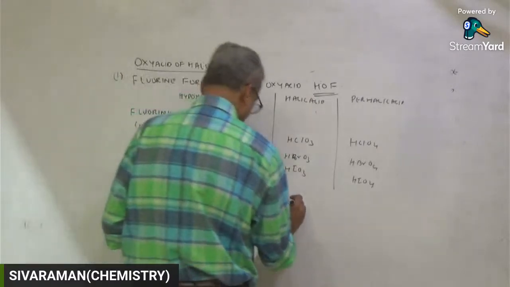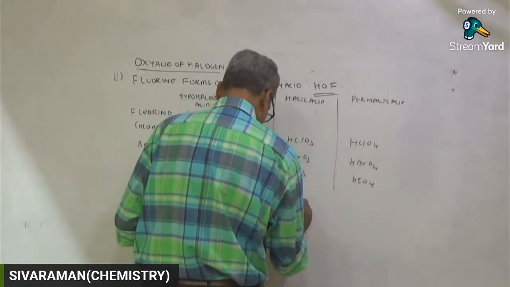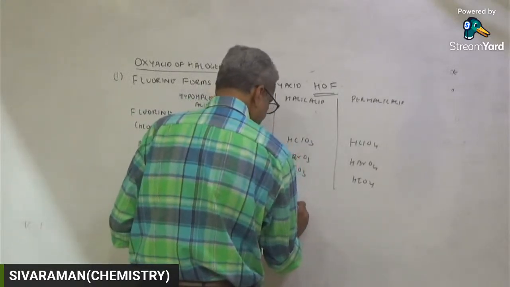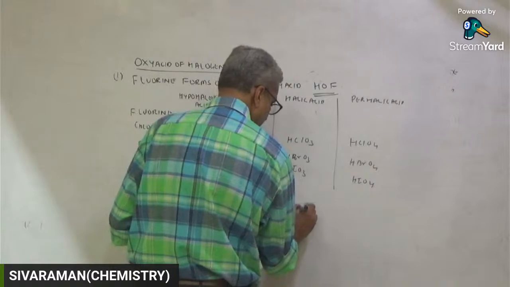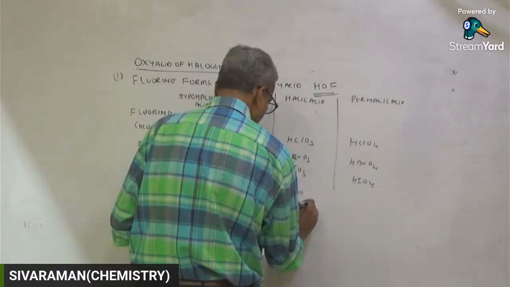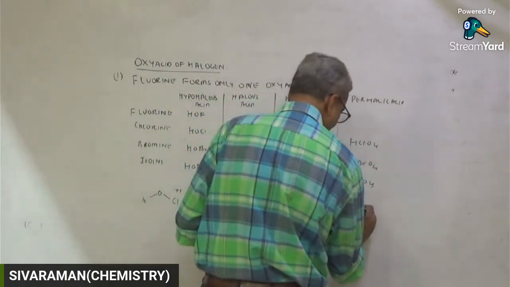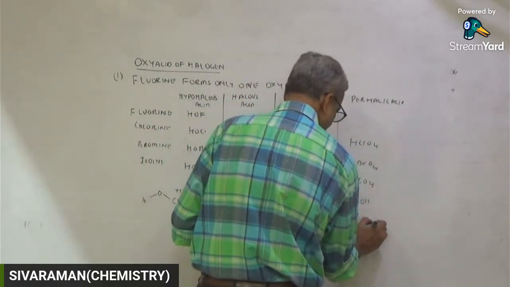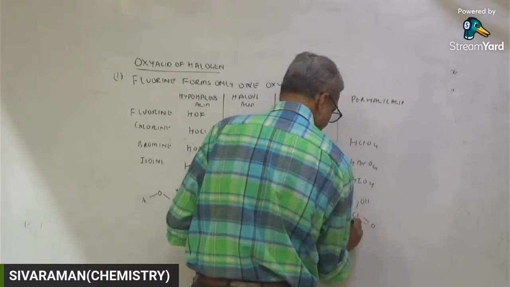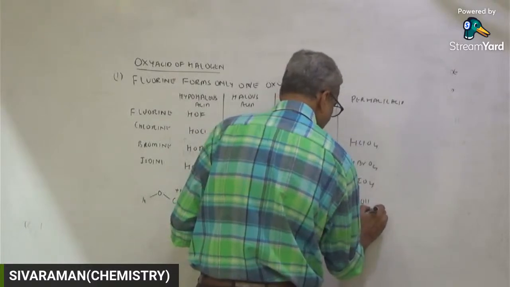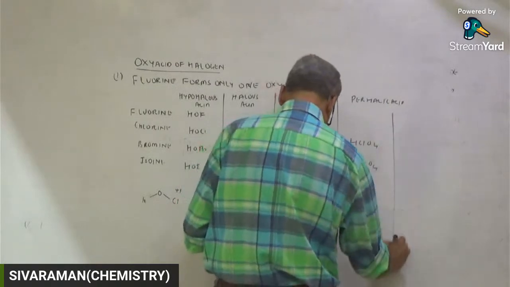Then we have HClO3, here you will have +5. Then here you will have Cl, OH. This will be +7.